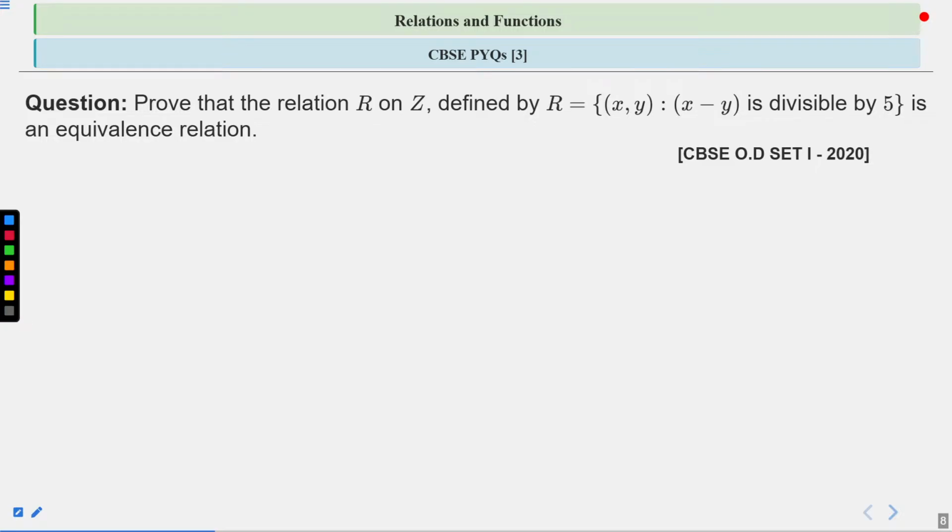What are the conditions of an equivalence relation? It should be reflexive.